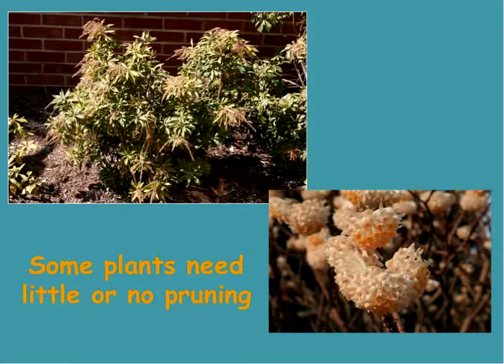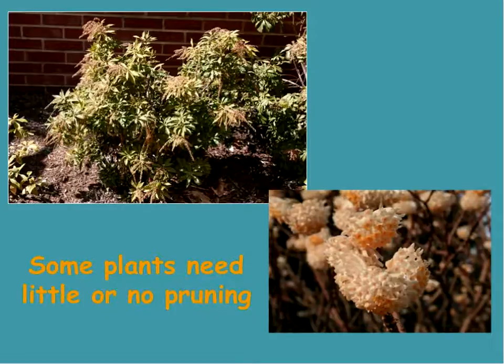So here's the Pieris I was talking about earlier, Edgeworthia, another plant that's just an absolutely gorgeous deciduous shrub. Grows like crazy, does require some supplemental irrigation in the summer. They do tend to wilt heavily if you don't have some supplemental irrigation. But really plants that don't need a whole lot of pruning.